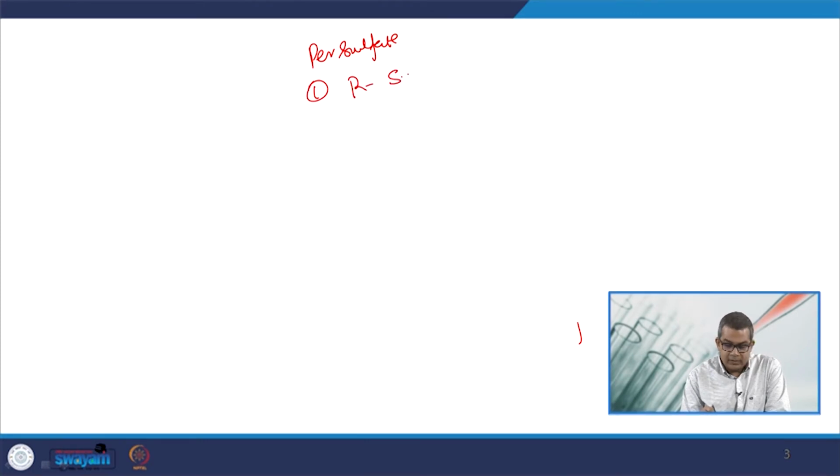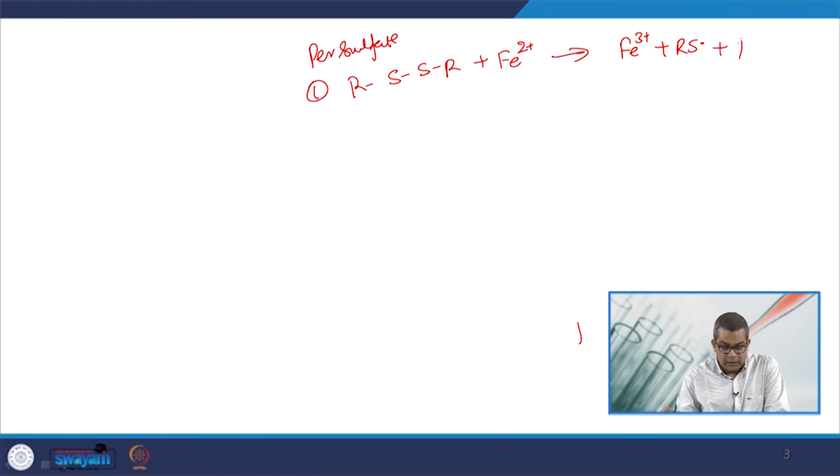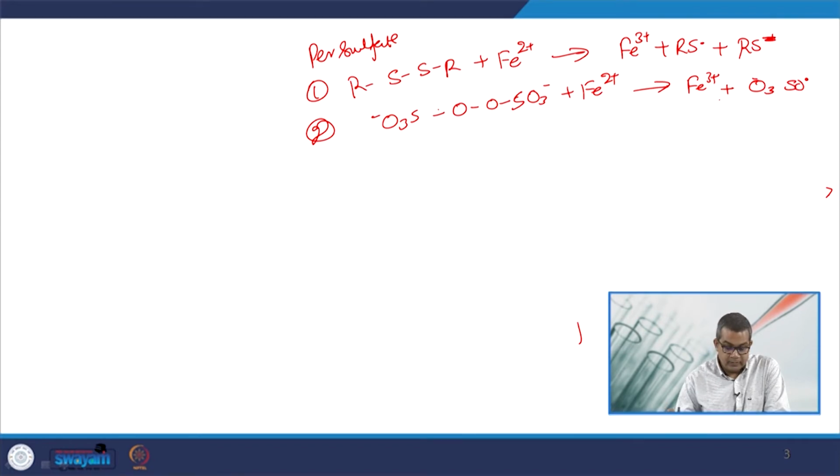First example is this one, which can combine with Fe2+ and may give you this radical, and similarly it can give you O3S bonded with this one, and Fe3+, O3SO radical, this one is negatively charged, and SO4 minus.